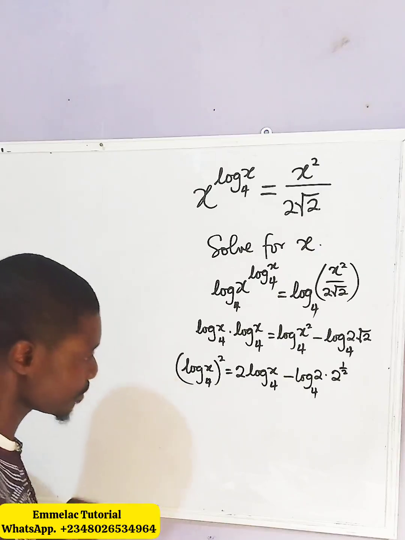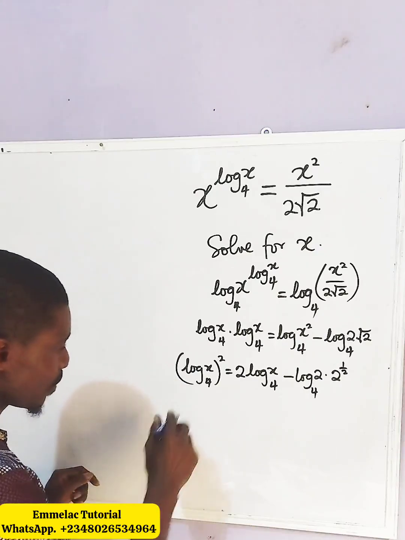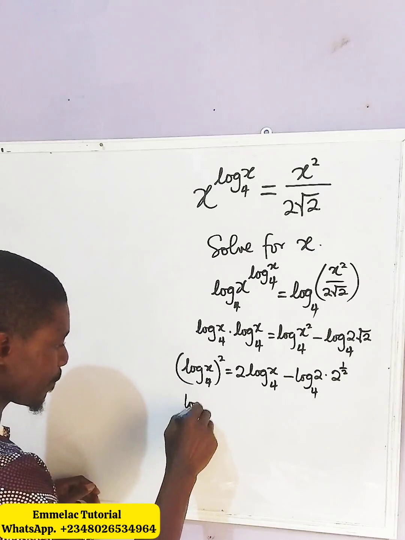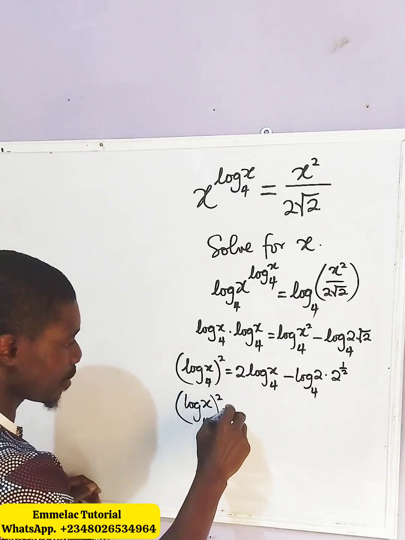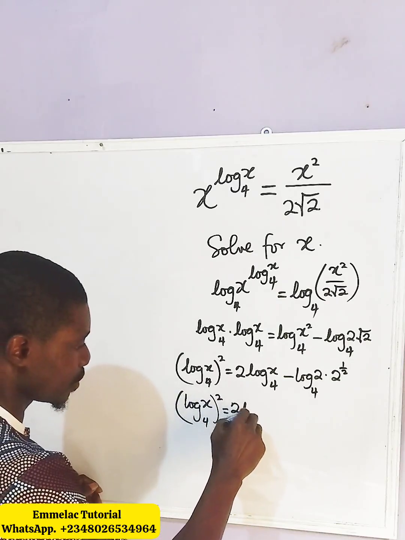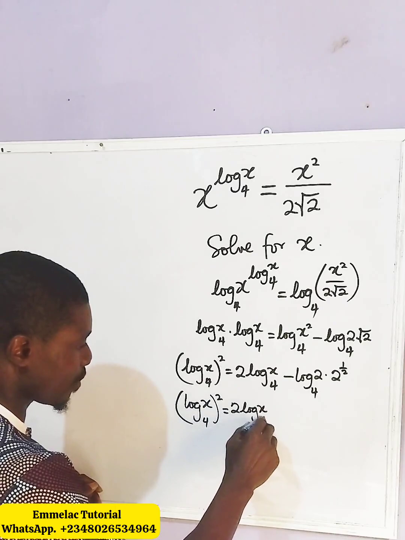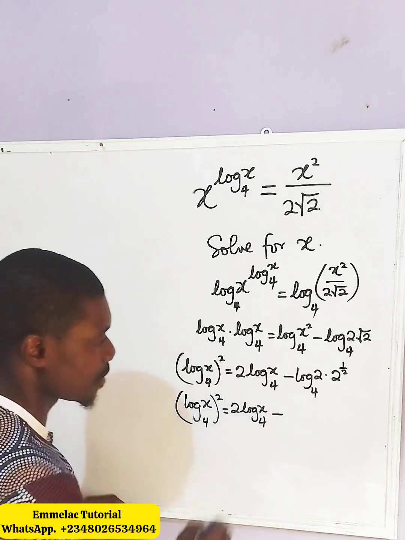Okay, let's keep going. So here we have log x base 4 all raised to the power of 2 then equals 2 log x base 4 then minus.